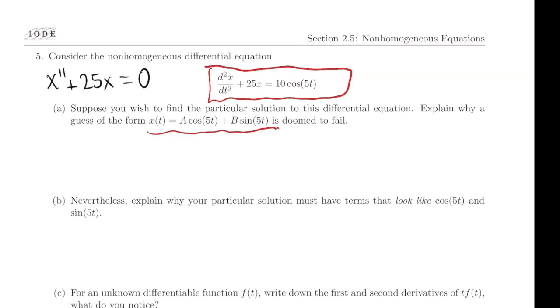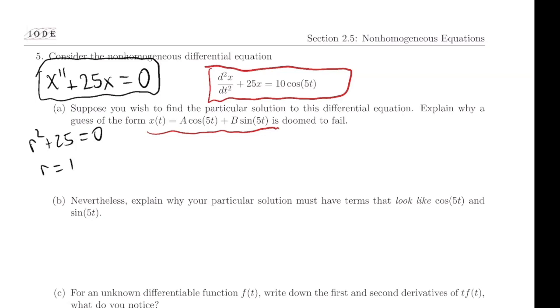How would you solve this, going back to what we talked about the last couple of classes? You would use the characteristic equation. Yeah, so we would use the characteristic equation, which would be r squared plus 25 is equal to 0.